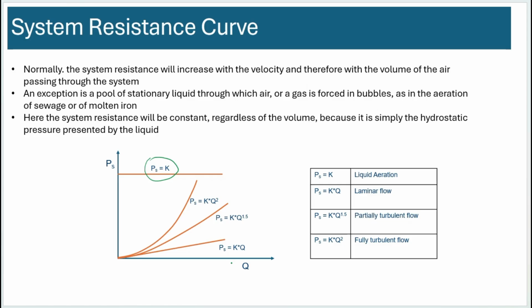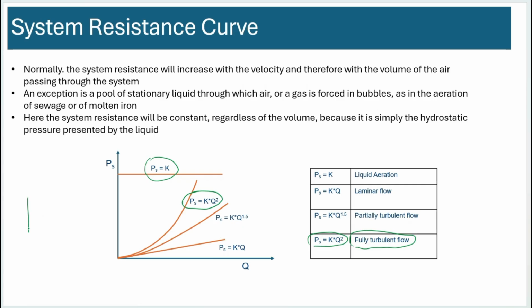Now it depends on whether it's laminar or turbulent. In most scenarios, we are talking about this rate of increase. It's quadratic. It's almost a square law between pressure and volume flow rate. So it'll be a curve, because most flows that fans are involved in are fully turbulent, and this is the pressure versus flow rate relationship.